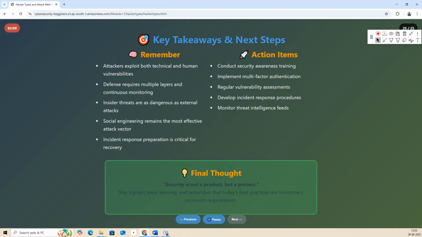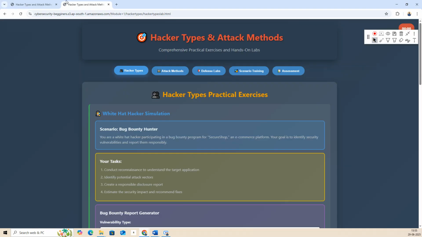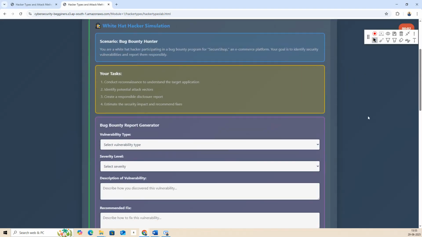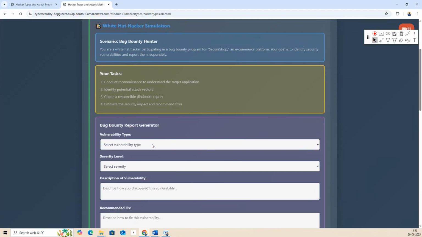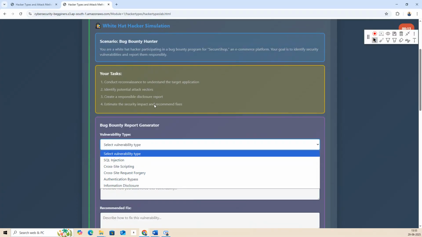I'll quickly show you the lab, how it looks like and how you can work around it. So this is the lab. Here there's a dummy scenario which is given. Imagine there's no such thing you have to go hack something and write down. Think of whatever thing you have found.